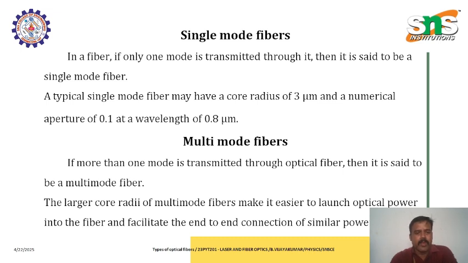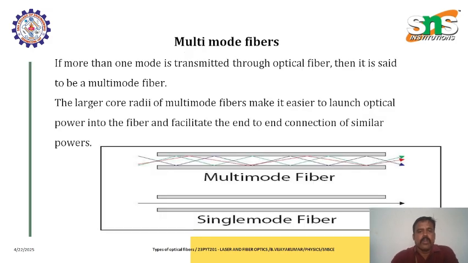For multimode fiber, these values are larger because many rays are allowed in the optical fiber core region. The diameter of the core and cladding, the numerical aperture and the wavelength are all different. This is a diagram of single mode fiber and multimode fiber.